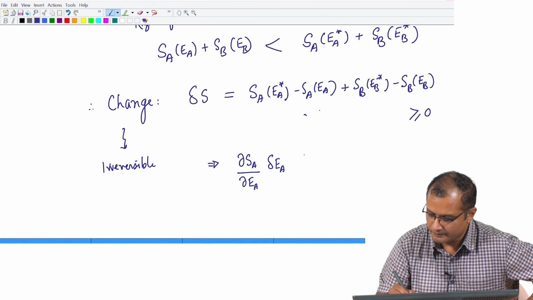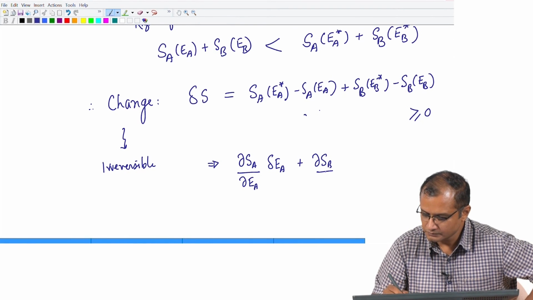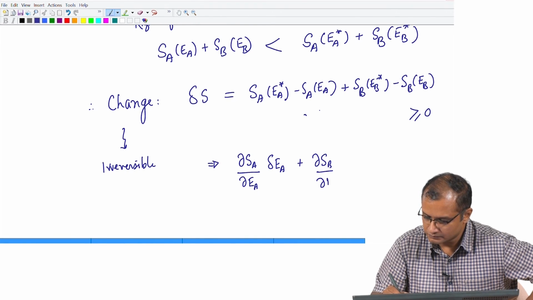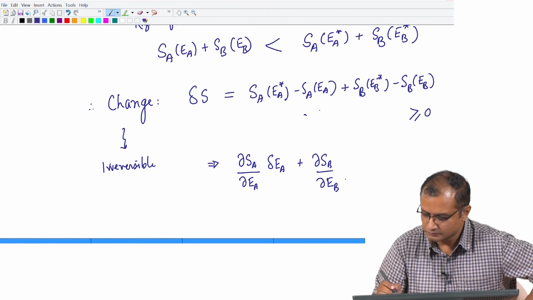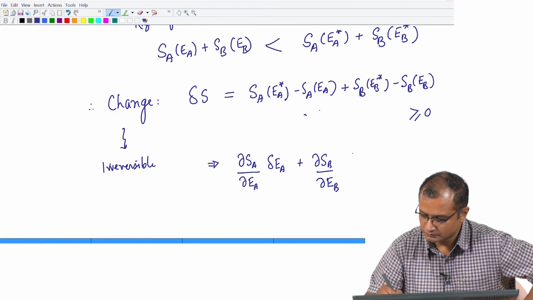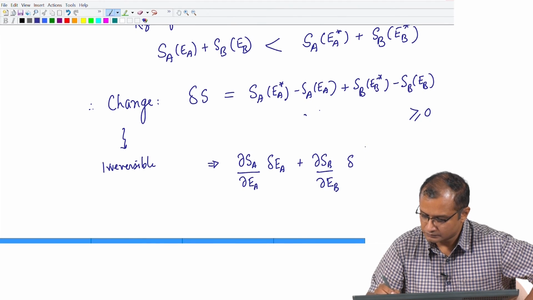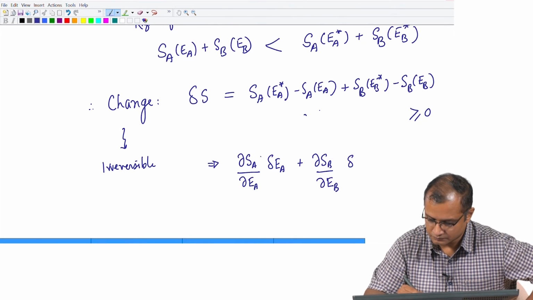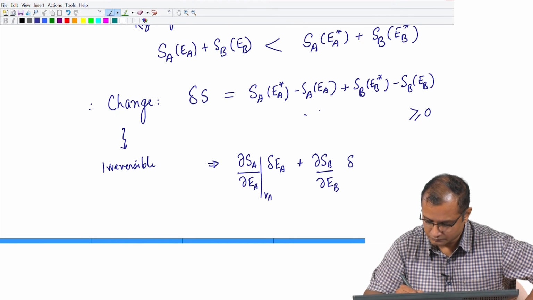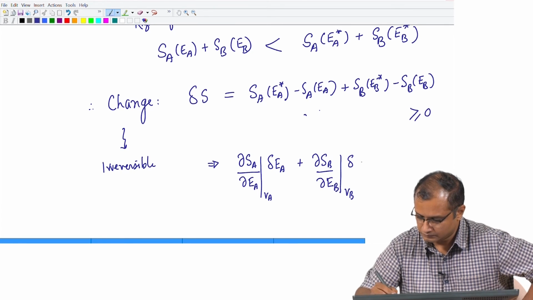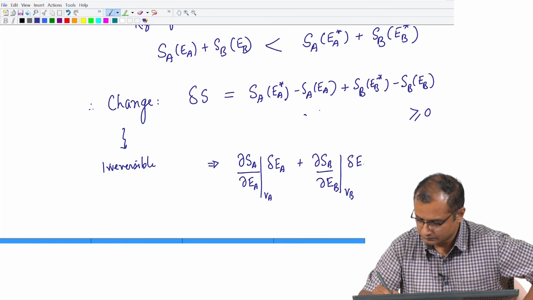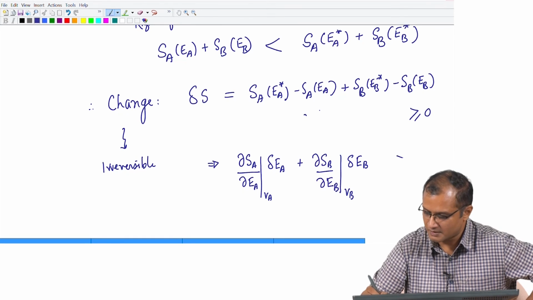plus delta S B over delta E B into delta E B, and this is greater than or equal to 0.